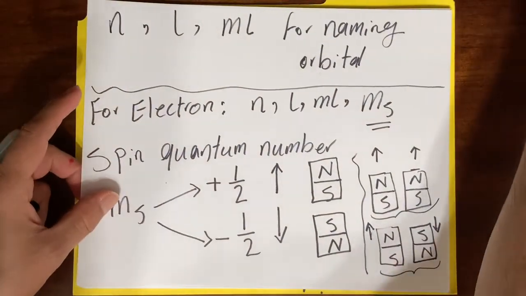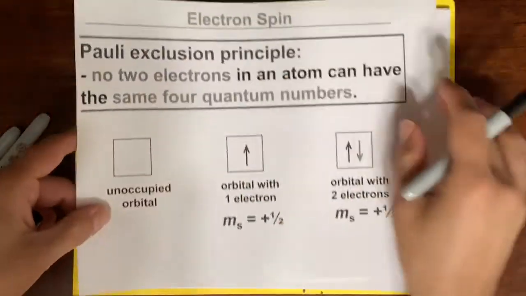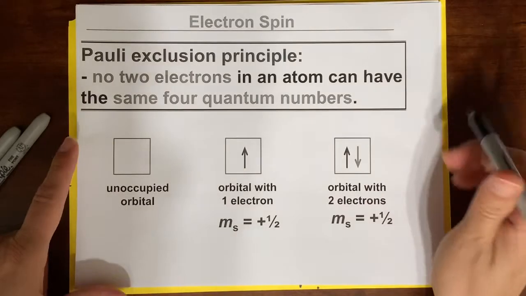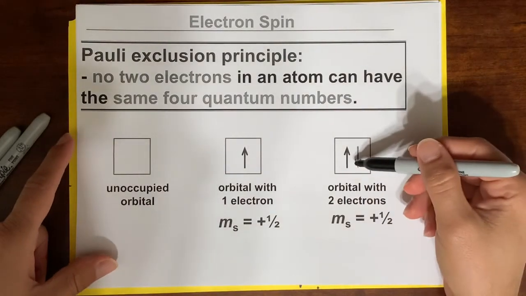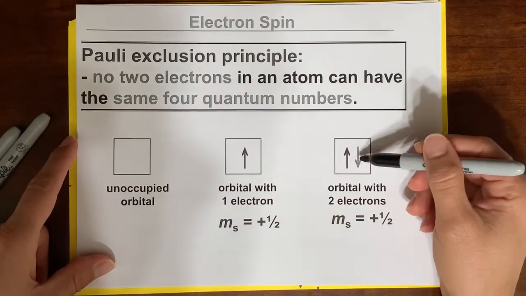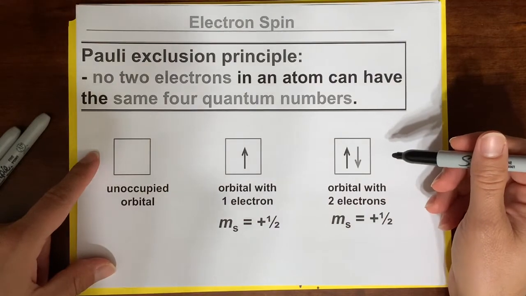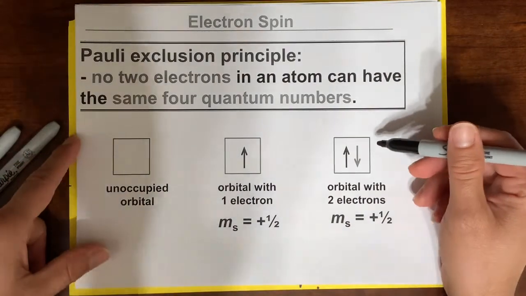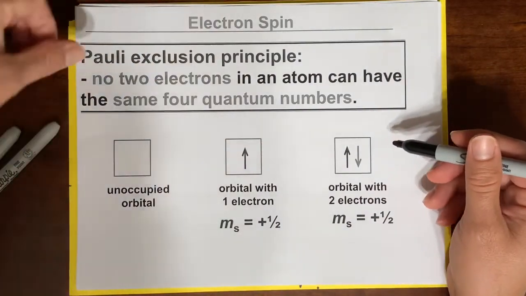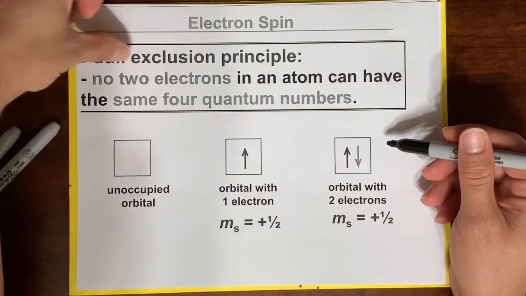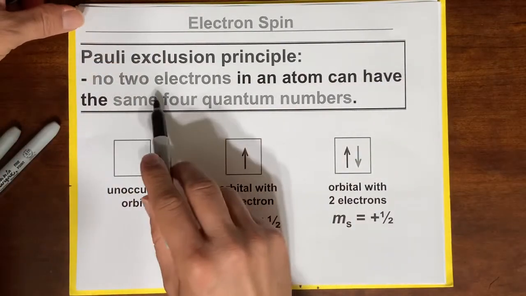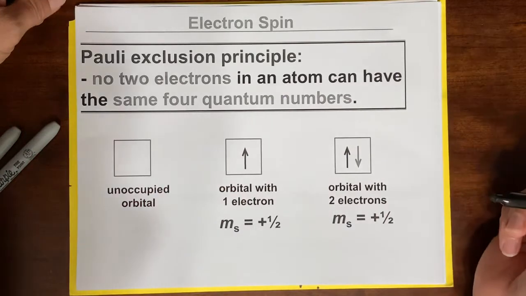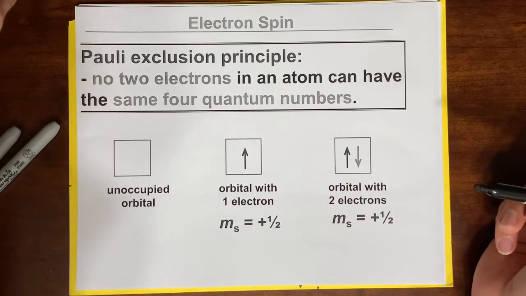So Pauli's rule says do not pair 2 electrons with the same spin. He said you cannot have two electrons with 4 identical quantum numbers. That cannot happen.